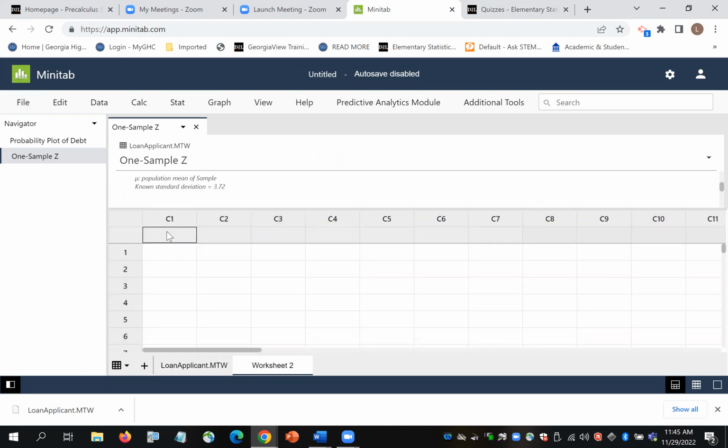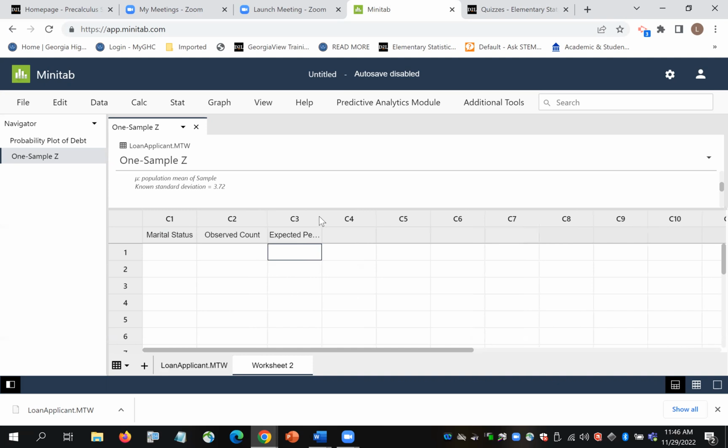In column 1, I would put marital status. In column 2, I would put the observed count. How many did the researcher find when they surveyed those 400 people? And then we have the expected percentage. Remember, you put that expected percentage in the form of a decimal.